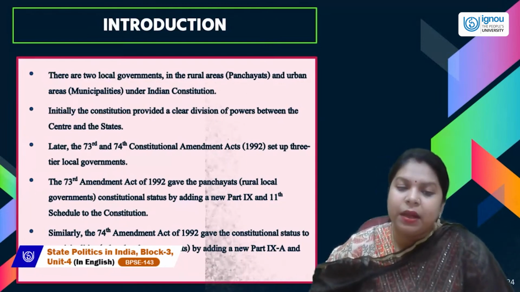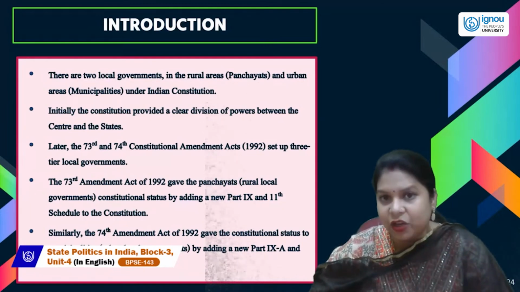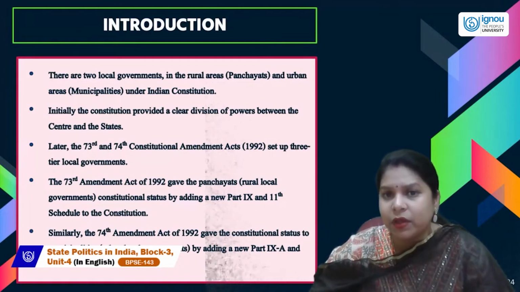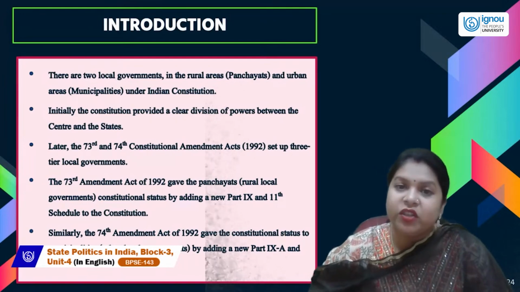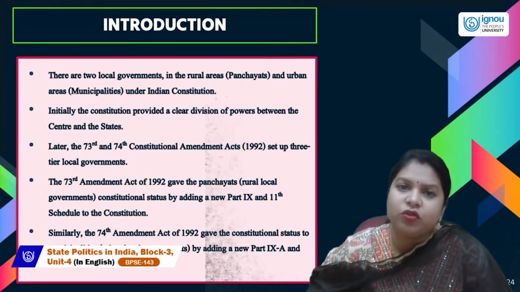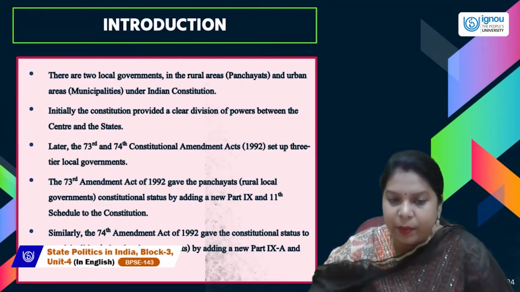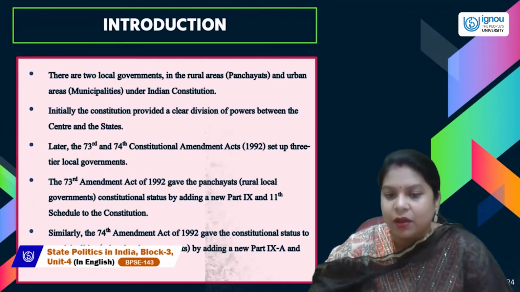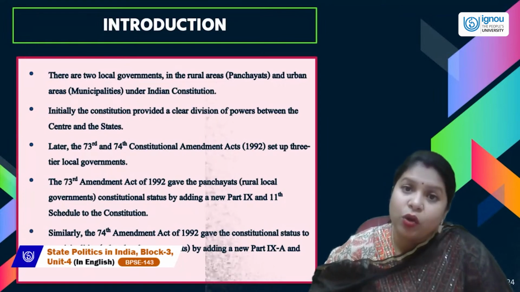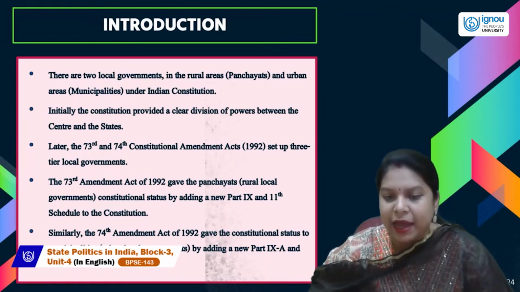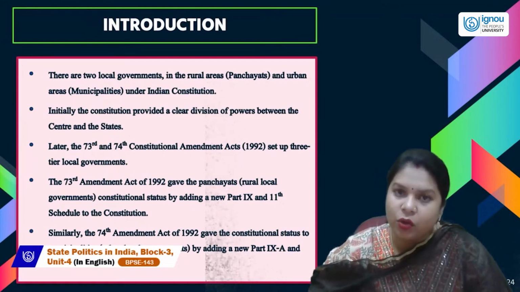The 73rd Amendment Act of 1992 is a very important thing you should all know, because it is related to the Panchayati Raj institutions, which play a very important role in local government. This 73rd Amendment gave the panchayats, or the rural local governments, constitutional status by adding a new Part 9 and the 11th Schedule to the Constitution.